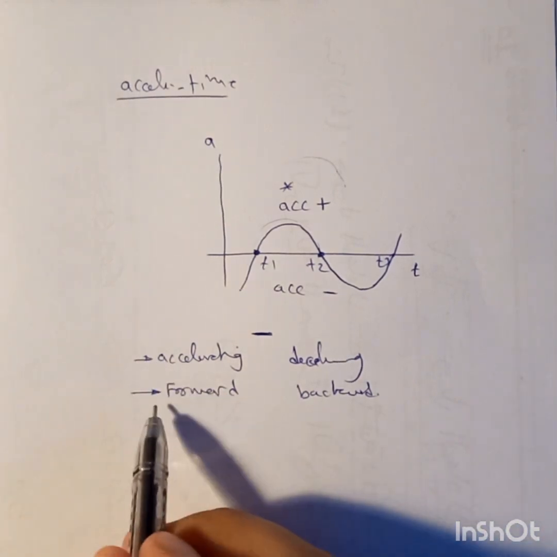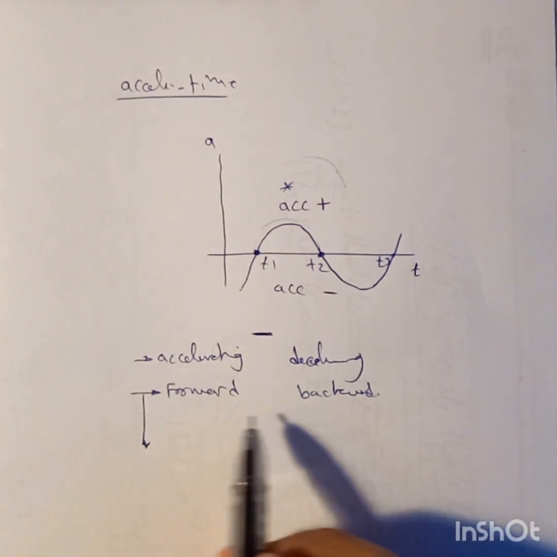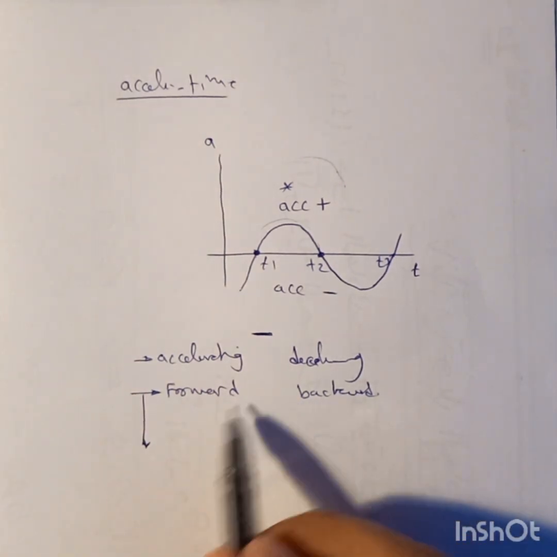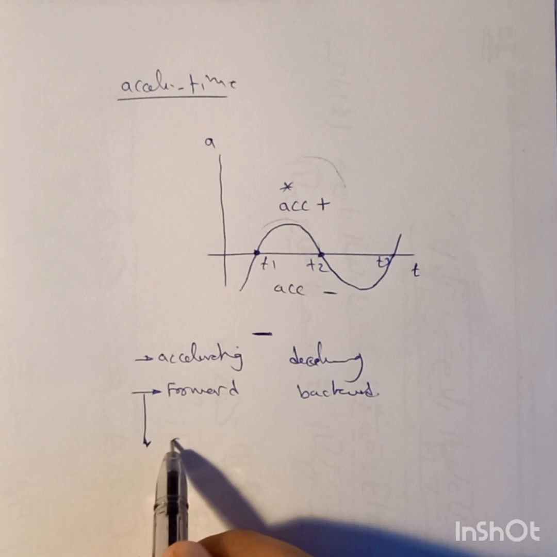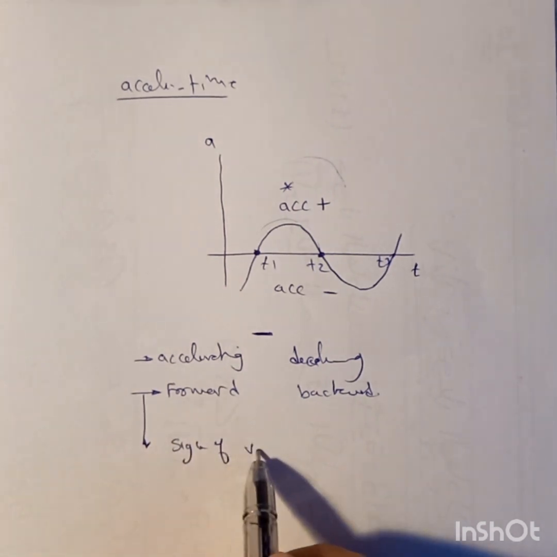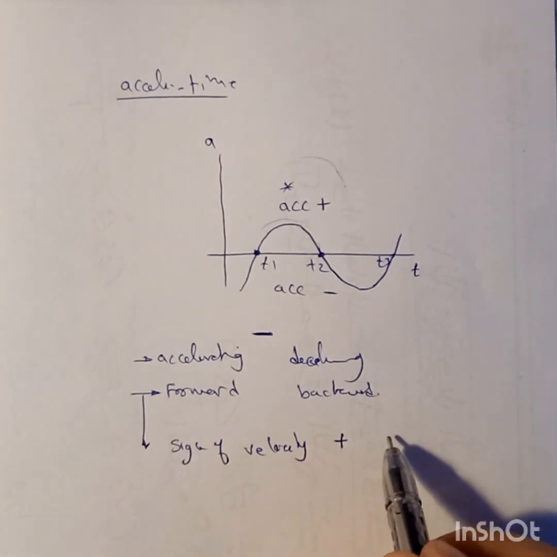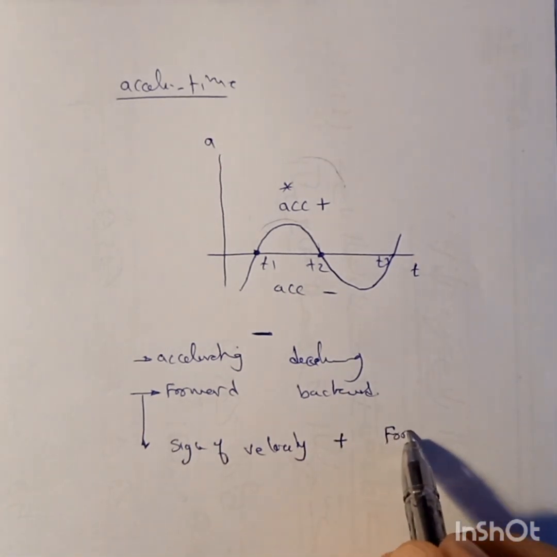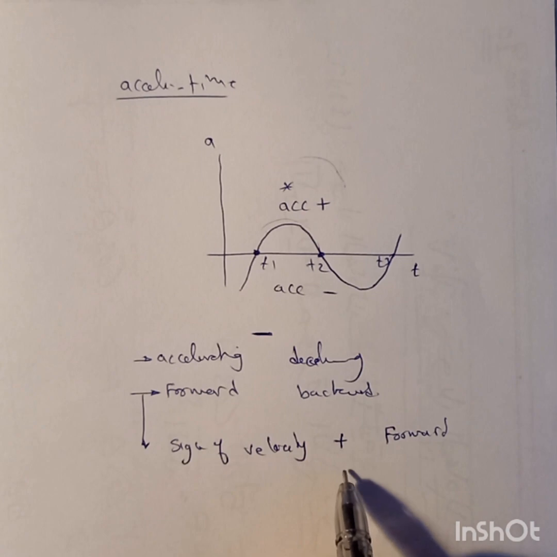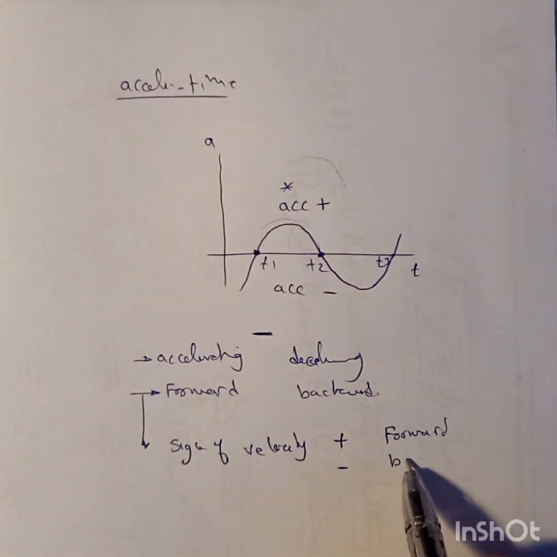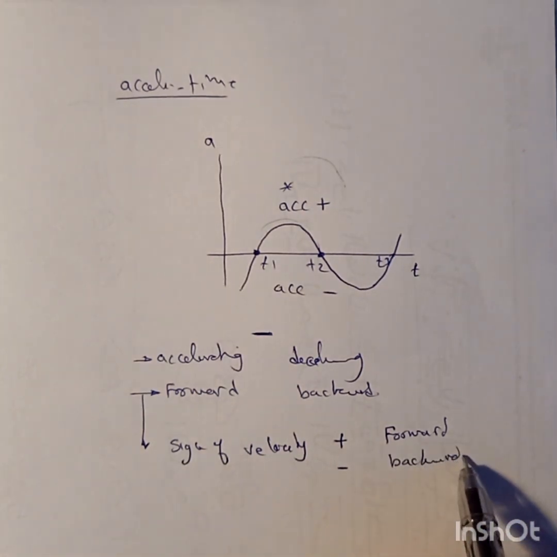For forward or backward, or reverse, motion, we have to check the sign of the velocity of the motion of this body. If the velocity is positive, then the motion is in the forward direction. If the velocity is negative, then the motion is in the backward or reverse direction.